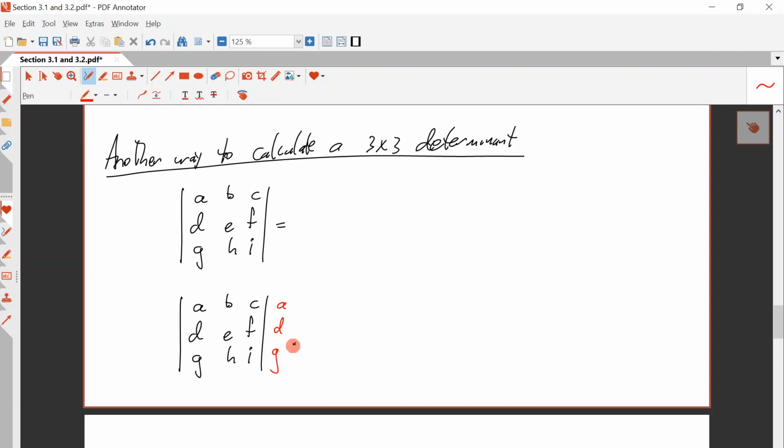A, D, G, repeat the first two columns, B, E, H, like that. This only works for 3 by 3, but it's a nice shortcut, so it's worth mentioning.